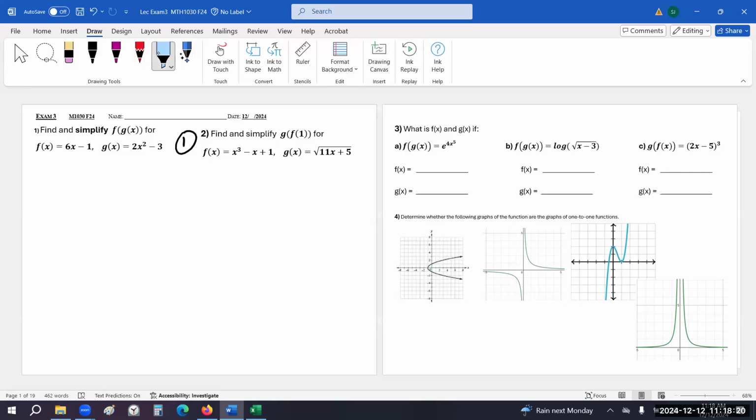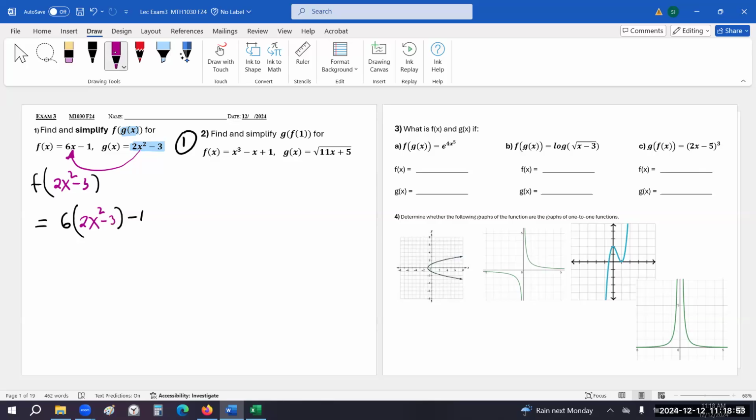So in here, they are asking to replace x in that function with g of x. So this g of x, we are going to put into the x here. So f of, let me write, g function is 2x squared minus 3, is 6 times 2x squared minus 3 minus 1.